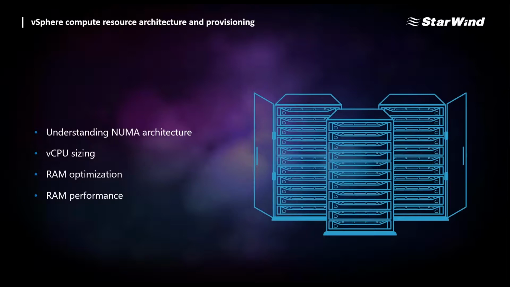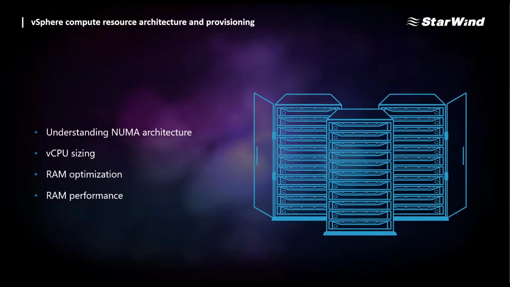Like in each vSphere environment, in my opinion, the most important thing is to properly build the compute platform according to production requirements. And first, I'm going to talk a bit about the NUMA definition. The NUMA abbreviation defines non-uniform memory access.